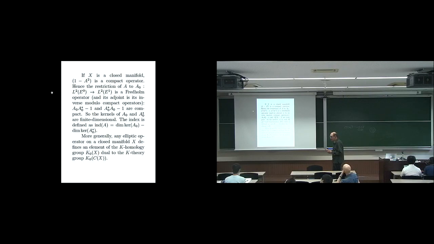The operators which have symbols which vanish at infinity are compact, by Hörmander's theory. So the elliptic operators which have this property that their symbols are unitary at infinity satisfy that A0 star A0 minus 1 and A0 A0 star minus 1 are compact operators.